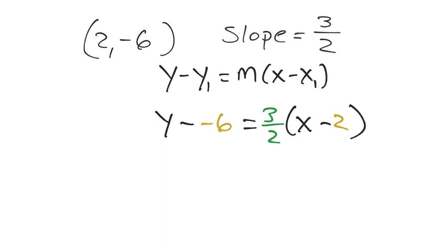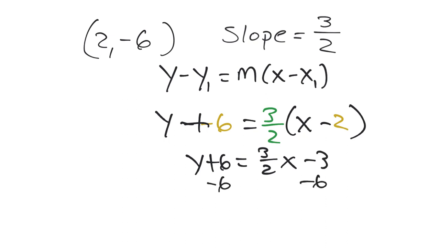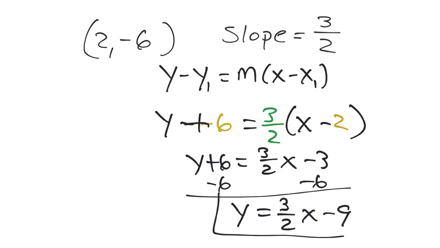Then we're going to go ahead and make 2 negatives a plus here, so we're left with y plus 6 equals 3/2 x minus 3. Subtract 6 from both sides, and you're left with y equals 3 halves x minus 9. Okay, y equals 3 halves x minus 9.